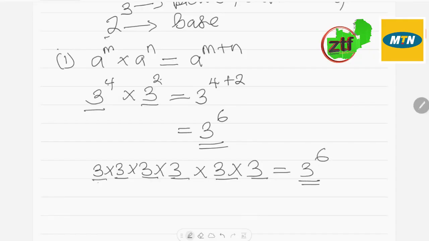So this is the same as 3 to the power 6. But this way of multiplying everything and listing out everything becomes quite monotonous and quite involving. That's why the rule for solving indices, when you are dealing with the same bases, is that you simply add the indices.